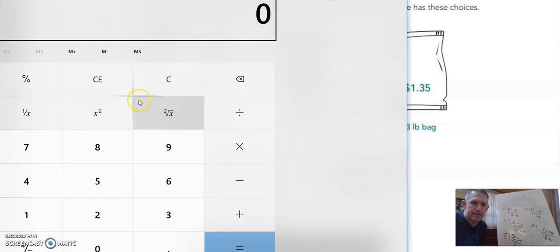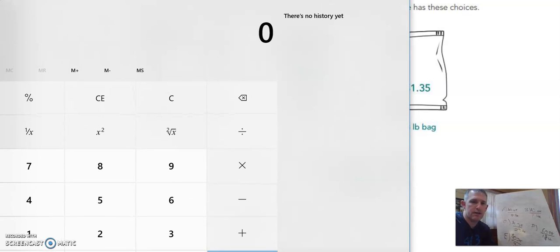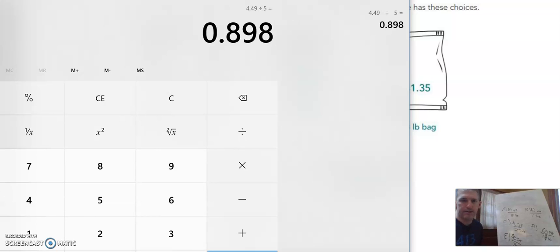Let's slide this down so you can see what calculations I'm doing. We've got $4.49 divided by 5 pounds. And that works out to be about 90 cents per 1 pound.